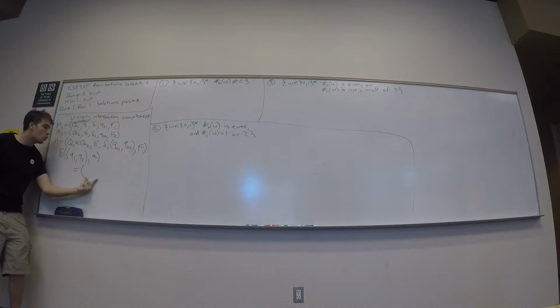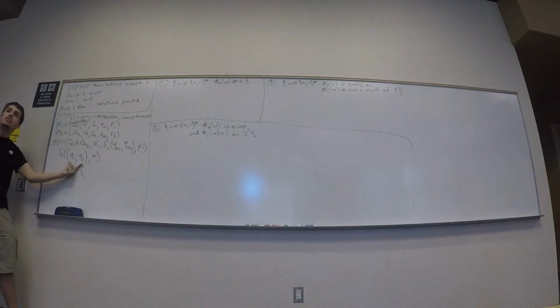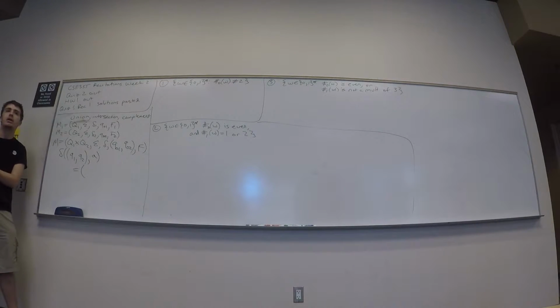So how do I figure out what this is going to be? Well, I just look up what the first machine would have done. What state am I currently in the first machine, in my brain, that I'm thinking of? Well, it's in this ordered pair. Which of these states am I currently in for the first machine? Q1, yeah. So I'm currently in Q1, and I'm reading an A. How do I figure out where I would have gone in the first machine?